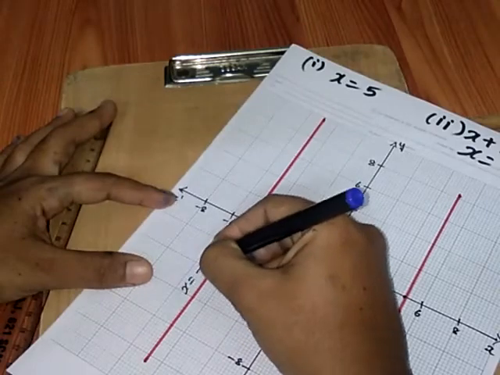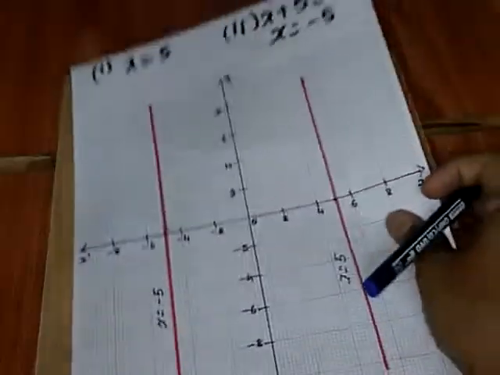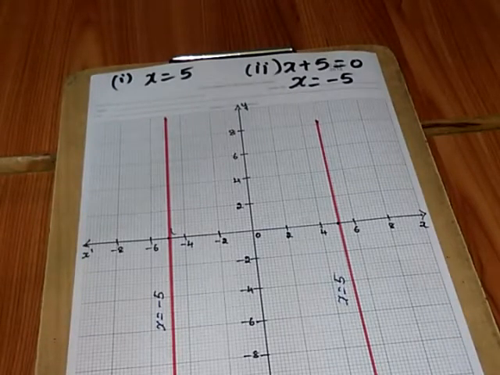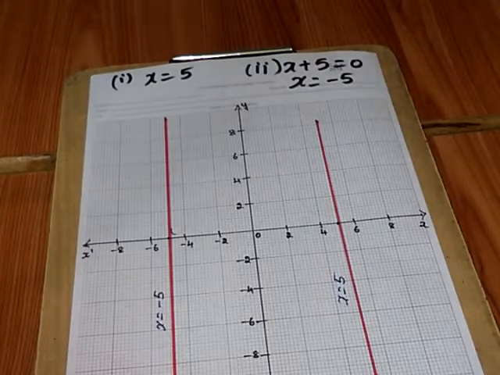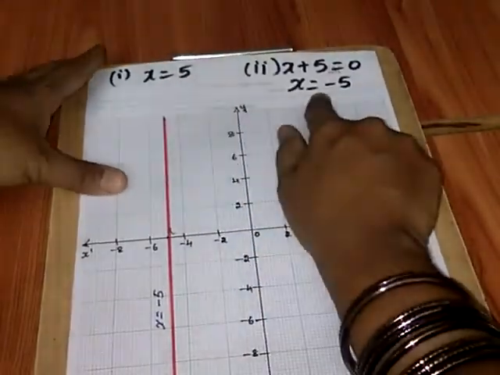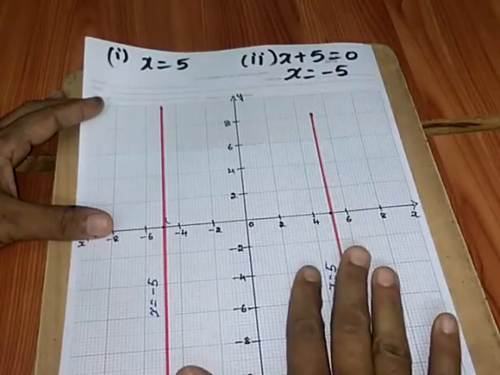Write the equation on it, x is equal to minus 5. This is the solution, children. This is a repetition problem that we have already completed in coordinate geometry. It is not so important from the exam point of view. These are the problems we are going to solve to make ourselves ready to solve the equations.